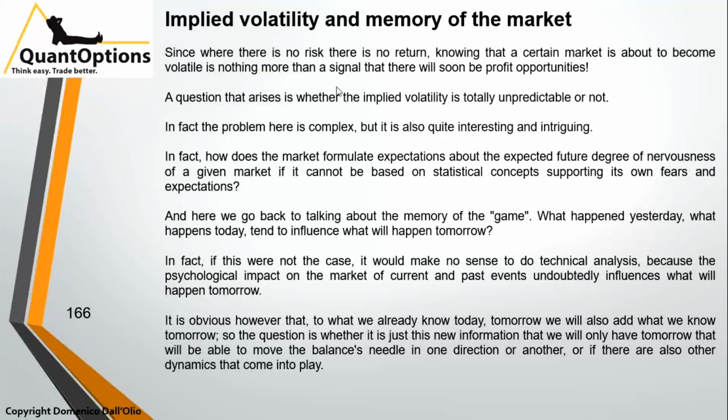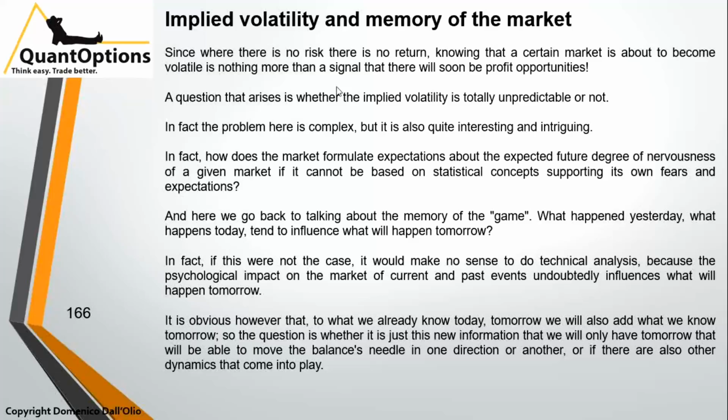And here we go back to talking about the memory of the game. What happened yesterday, what happens today, tends to influence what will happen tomorrow. If this were not the case, it would make no sense to do technical analysis, because the psychological impact on the market of current and past events undoubtedly influences what will happen tomorrow.